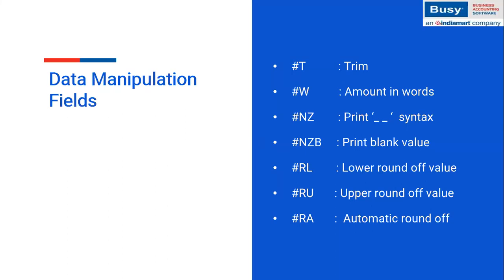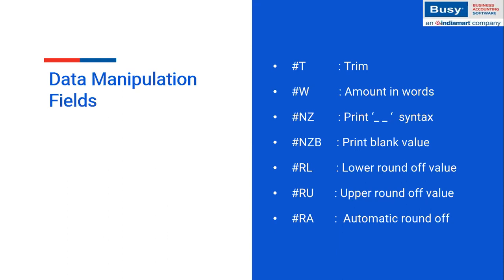Hashtag RA, automatic round off. I will show you in brief; I'm just explaining right now how you can configure the fields in Busy itself. If I use hashtag RA, it will check: if the value is below 0.50, it will round down.